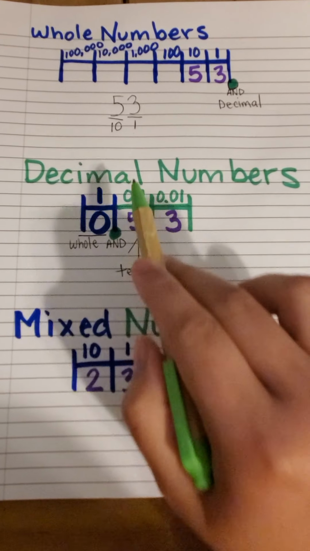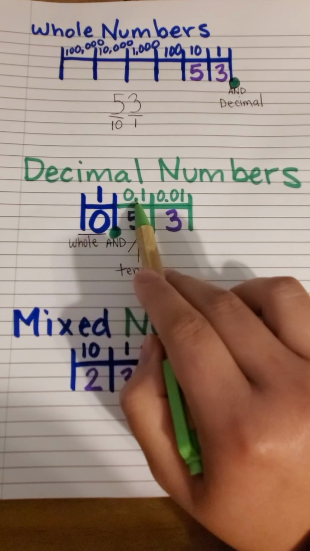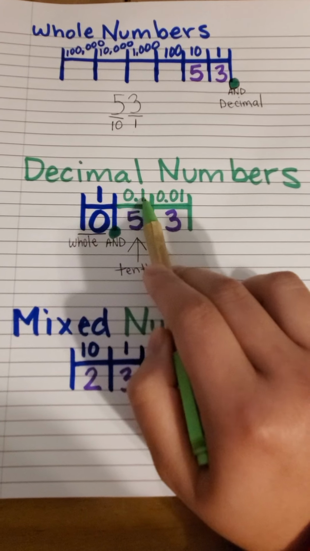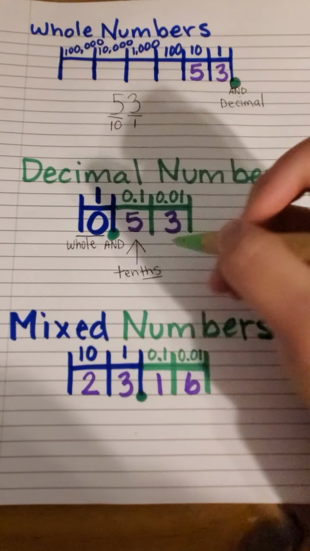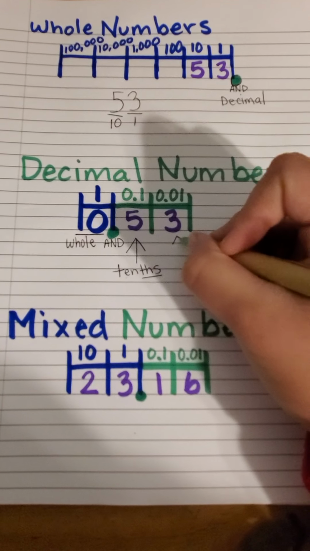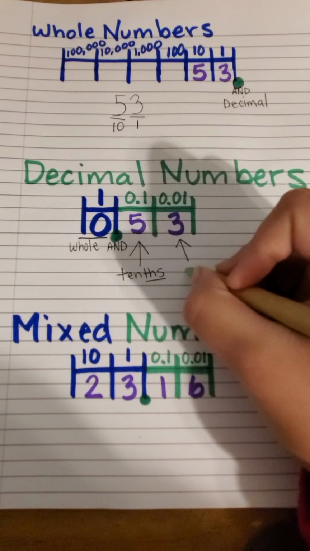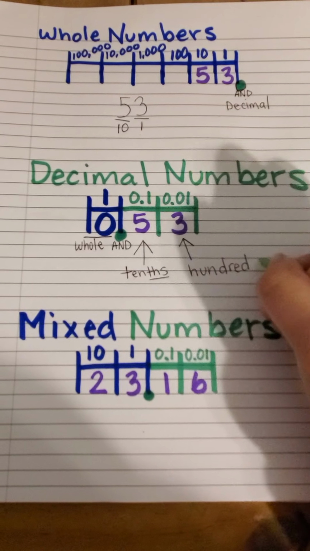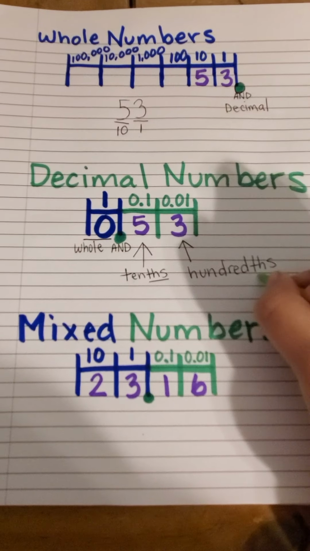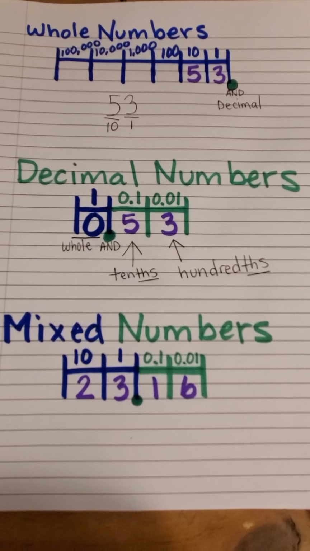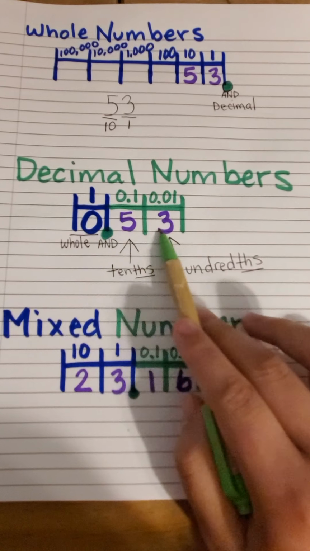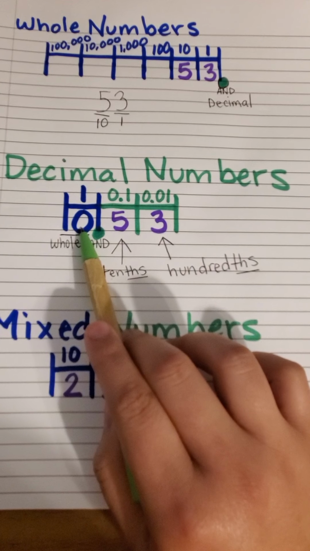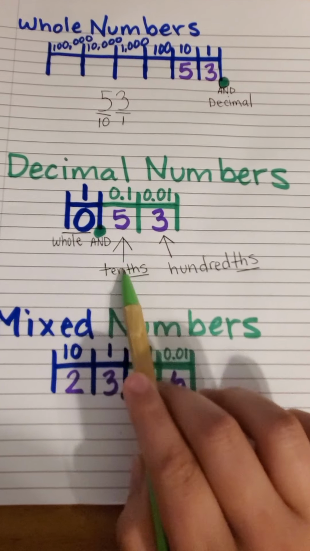The tenths place is represented with 0.1. This place value here is the hundredths place, with THS. When it comes to my decimals, I'm taking a whole number and I'm cutting it apart by 10.